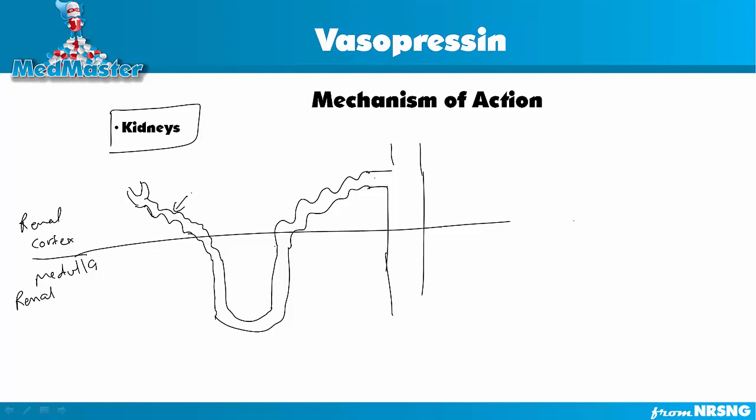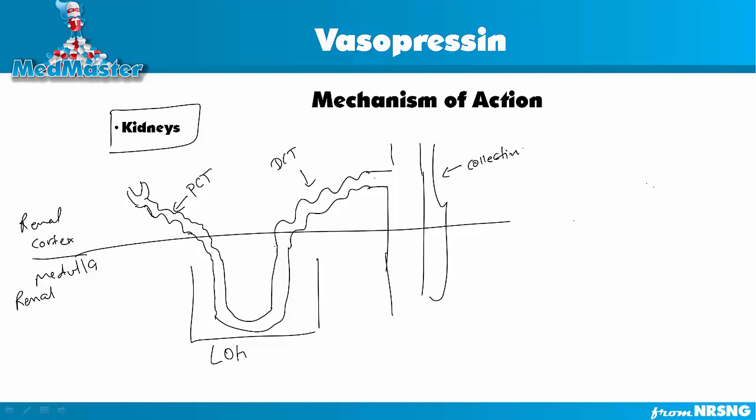So let's say this is the proximal convoluted tubule. This whole part is the loop of Henle. This is the distal convoluted tubule. Now we are interested in this portion, which is the collecting ducts.